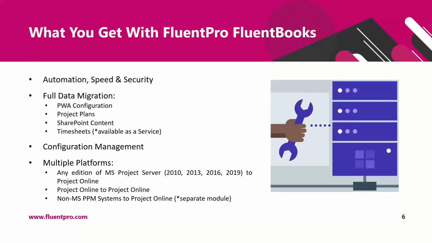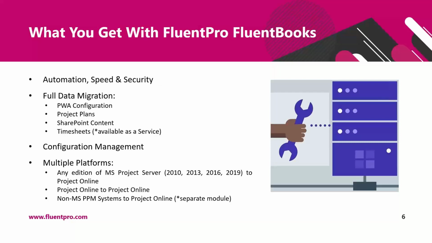So when you use FluentPro FluentBooks for data migration to Microsoft Project Server or Project Online, you get the following features and benefits. First of all, it's automation and speed. There is no need to spend hours on manual work when moving PWA data and making sure that everything is correct. By automating your migration, you save up to 60% of time and avoid human errors.